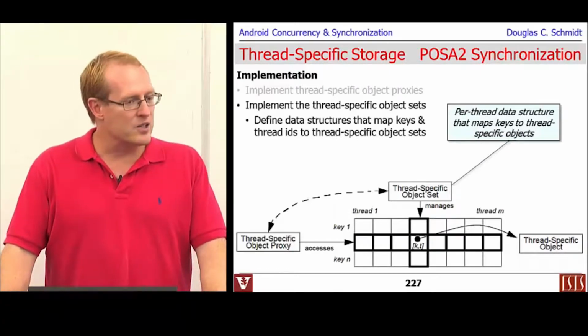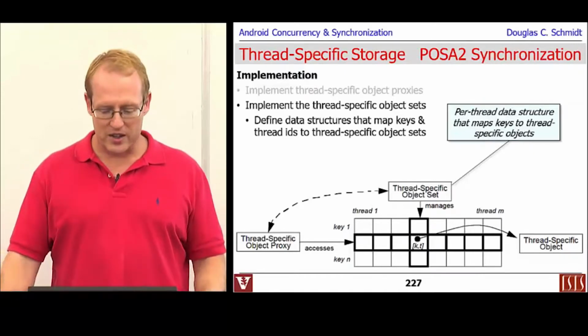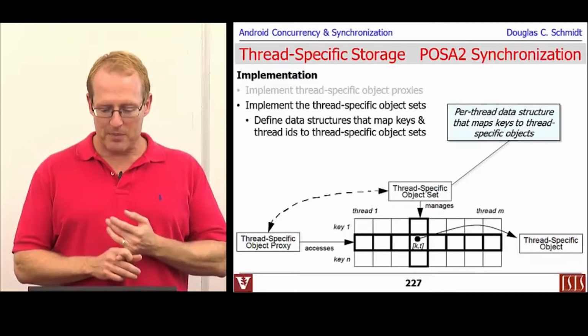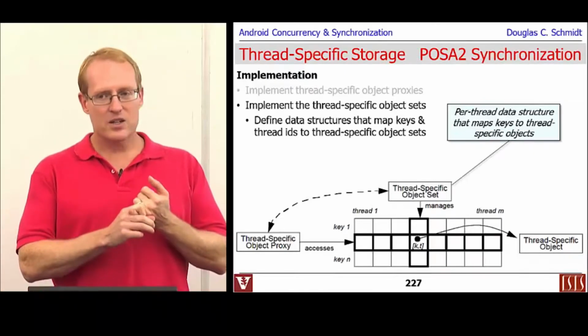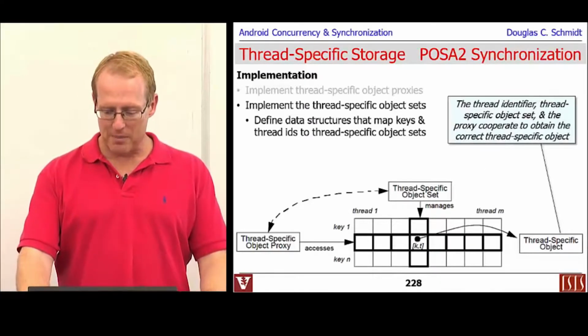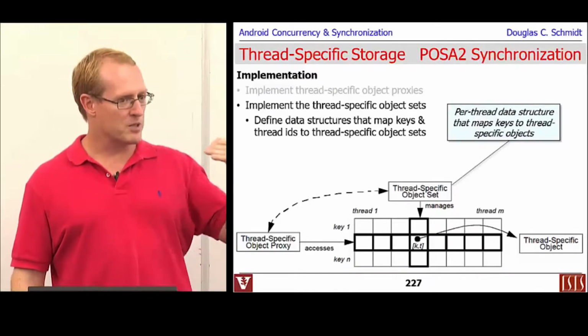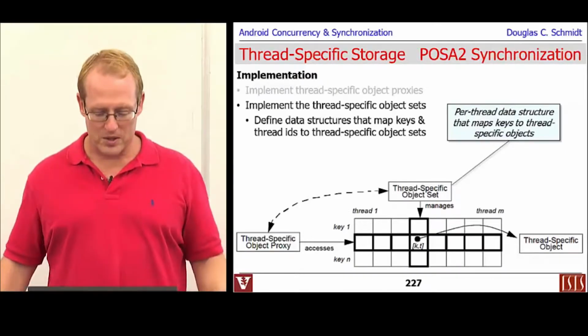Then you have to figure out these data structures that map things appropriately. There's sort of two things you got to think about. One is, how do you map the keys to thread-specific objects? And the other is, how do you map the thread IDs to thread-specific object sets? So there's two parts of this thing.